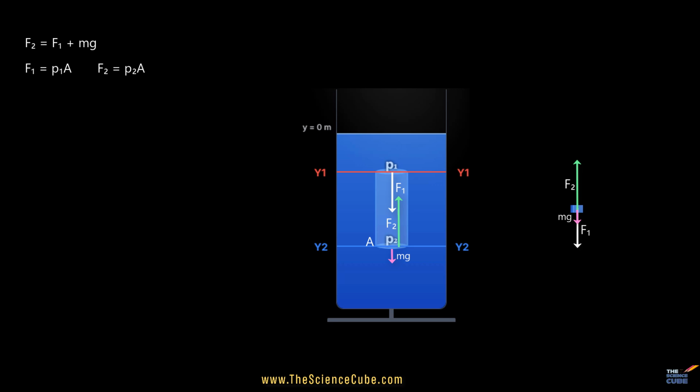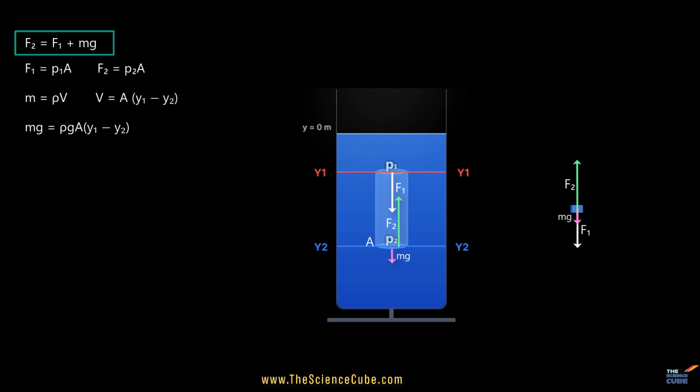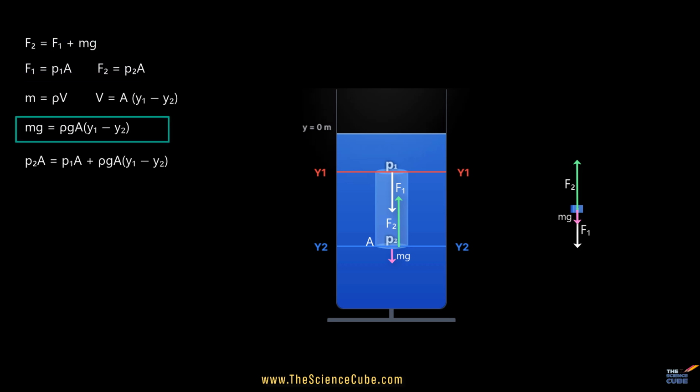Also, mass m of water in the cylinder can be expressed as rho v, where the cylinder's volume v can be written as the face area A and height h that we can see is y1 minus y2. So mg is equal to rho g A times y1 minus y2. And this equation then becomes P2A is equal to P1A plus rho g A times y1 minus y2.